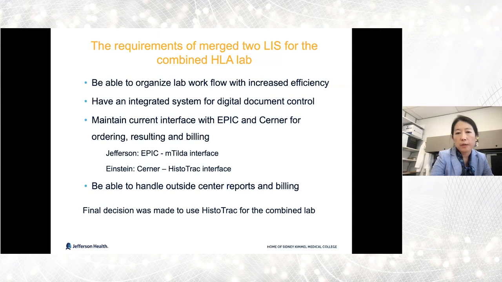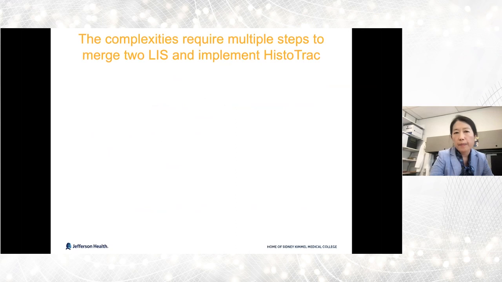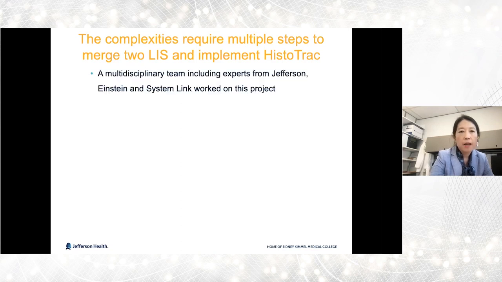The final decision was made to use HistoTrac for the combined lab. From this history and background, you can see the whole process is going to be really complex. That's why we separated it into different stages to get this project finished.